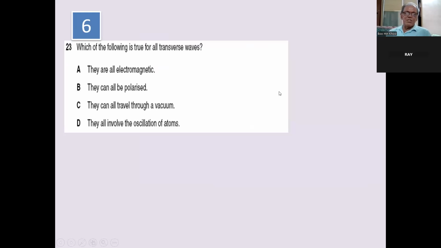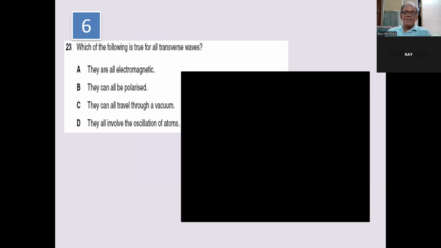Which of the following is true of transverse wave? C. Transverse wave, not all can travel through vacuum.